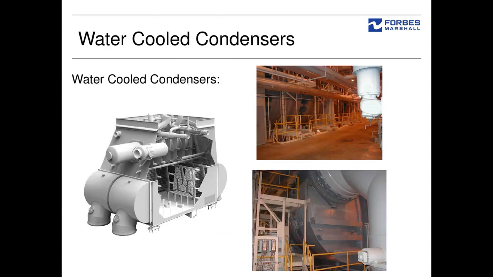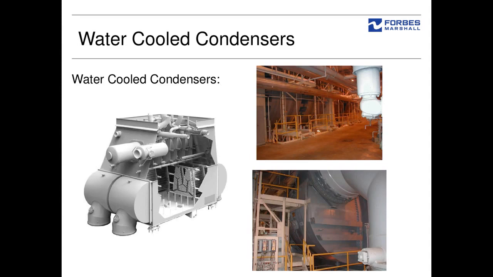So how do condensers look in a power plant? Generally, these turbine condensers are located below your LP turbine casing. After using steam in your LP turbine, it goes out into a condenser, which is like a big heat exchanger below the turbine. Here is an example of a water-cooled condenser where steam comes from the top at the outlet from your turbine and goes down in the condenser.